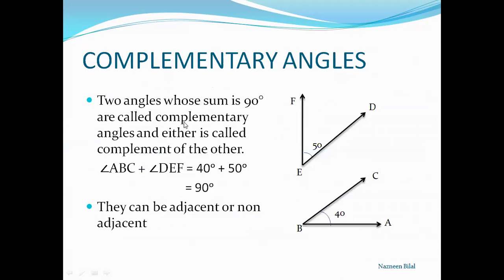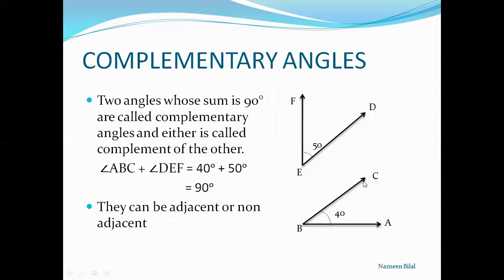Complementary angles. For your notice, you can note that complementary angles can be adjacent or they can be non-adjacent. If the sum of two angles is 90 degrees, then both the angles will be called complementary angles, or one angle will be said to be the complement of another.